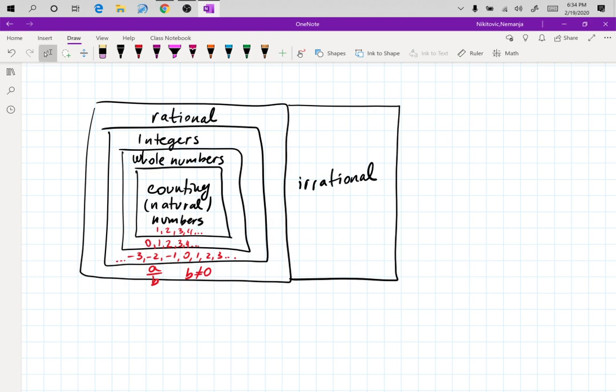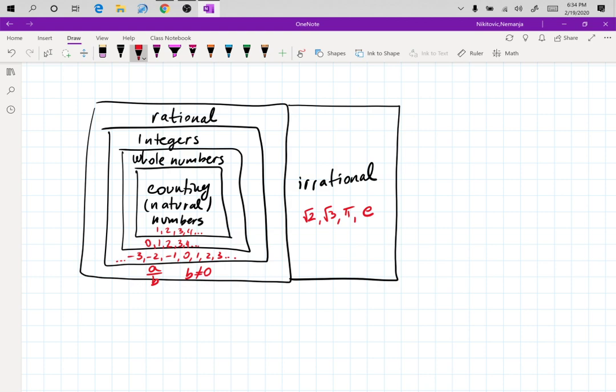Then you have irrational. Irrational numbers are the numbers that you cannot write as a fraction. They have an infinite decimal that never repeats, and it never ends. So numbers like square root of 2, square root of 3, pi, eventually we'll talk about e in this class.